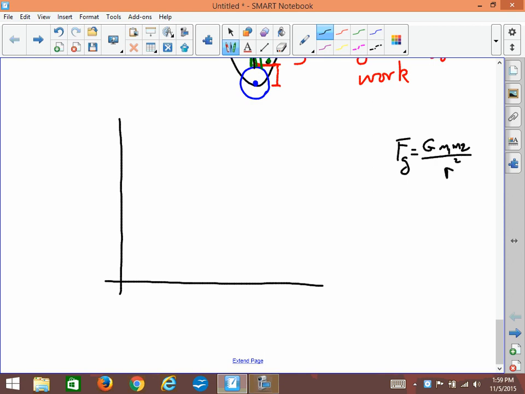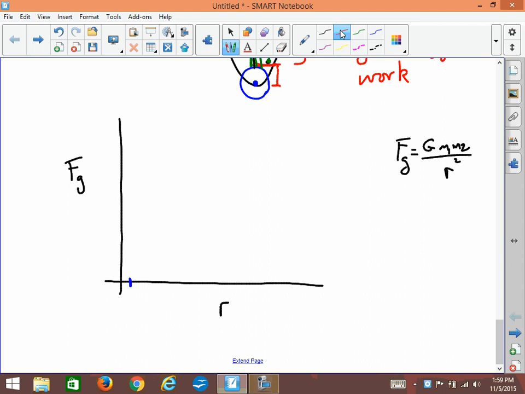Let's graph the force of gravity, the strength of it, here. And let's graph the distance away from the center here, r. When you are very close to the Earth, down here, where r is very small, right near the Earth's surface, or maybe even underground, the force of gravity is fairly strong.